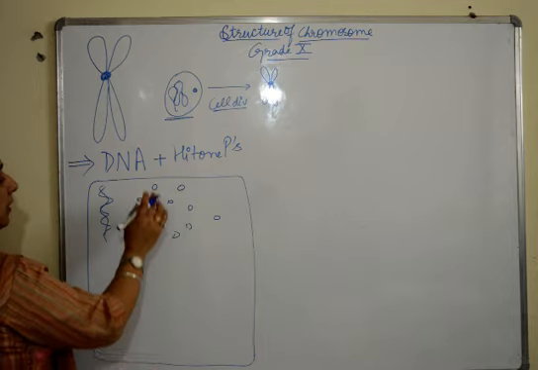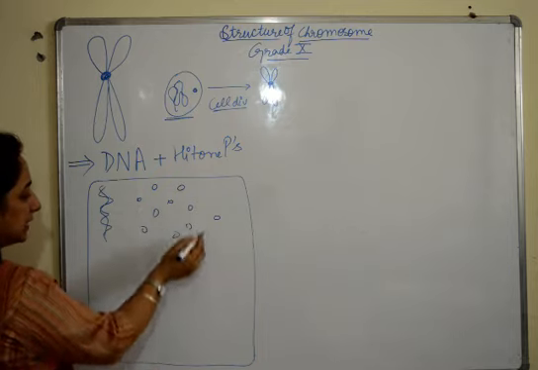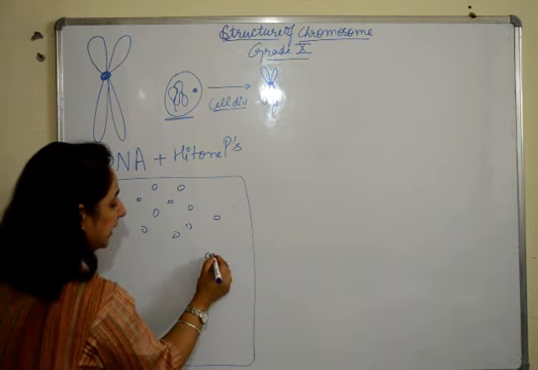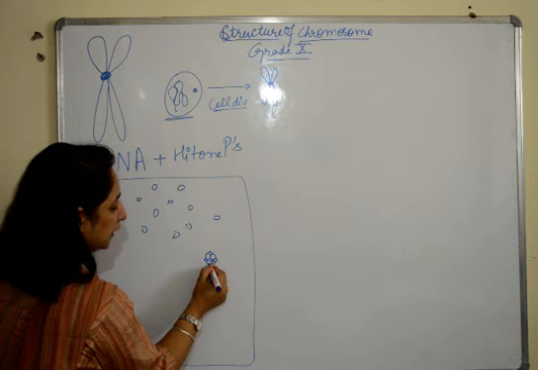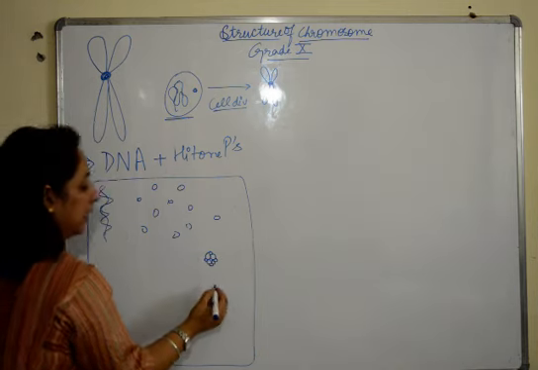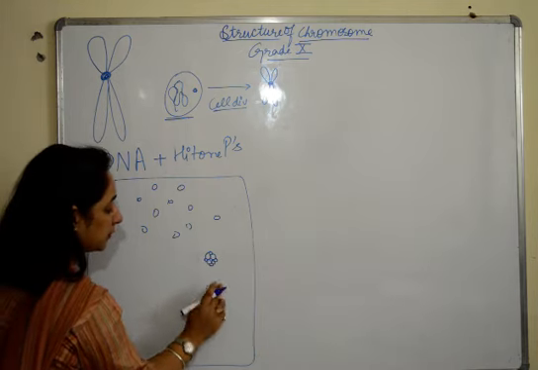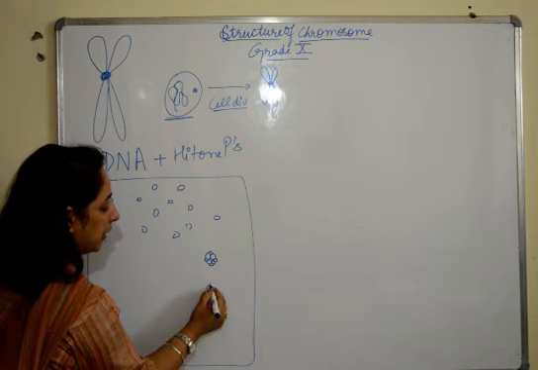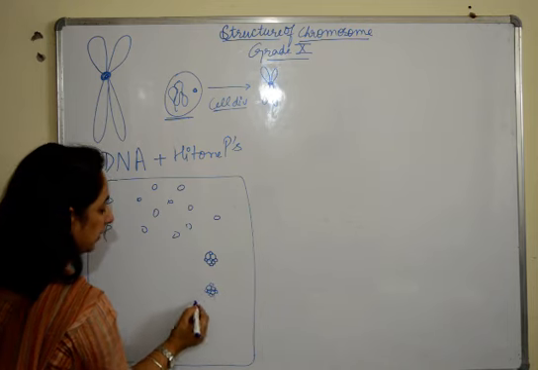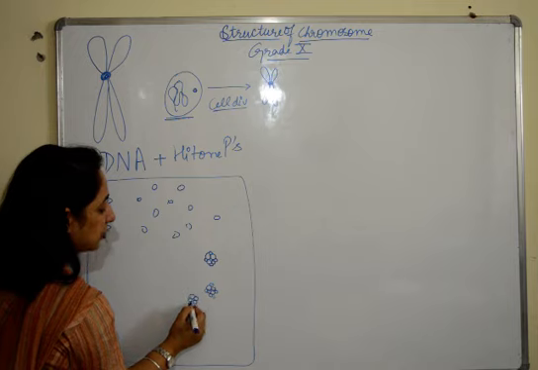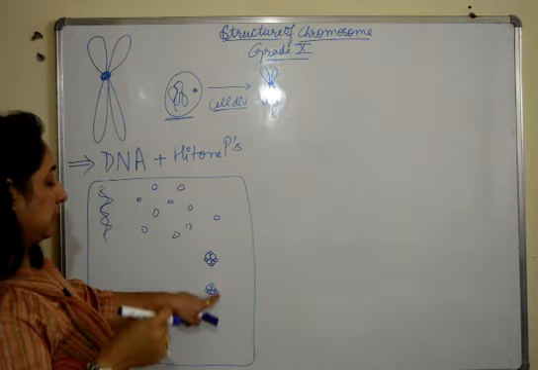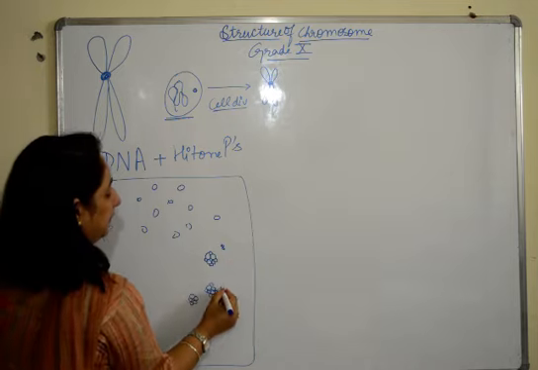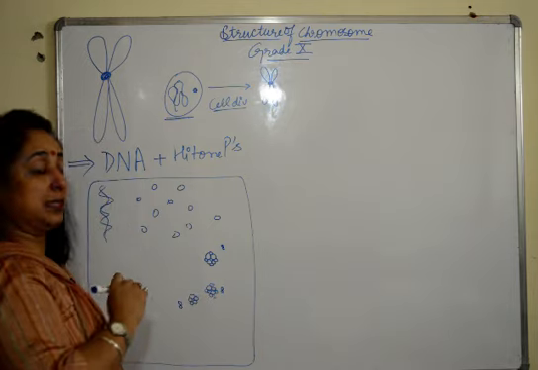What will happen? First of all, these 8 histone proteins are going to come together. It's not a 3D structure, so I cannot make 8. So it's 4 here, 4 here and 4 on the back again. So these histone proteins are going to cluster in a group of 8 histone proteins.